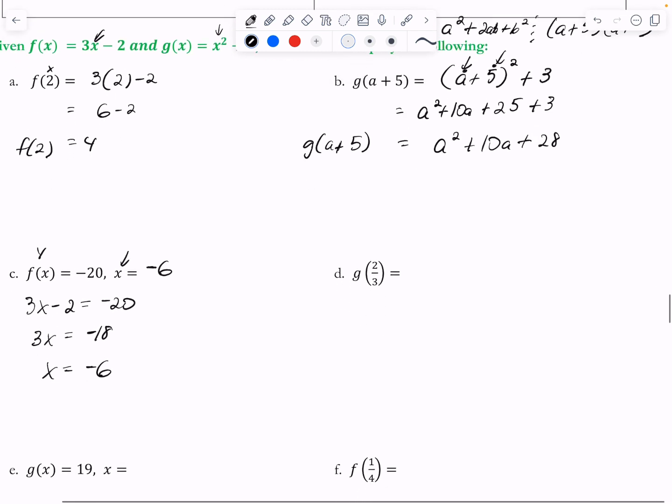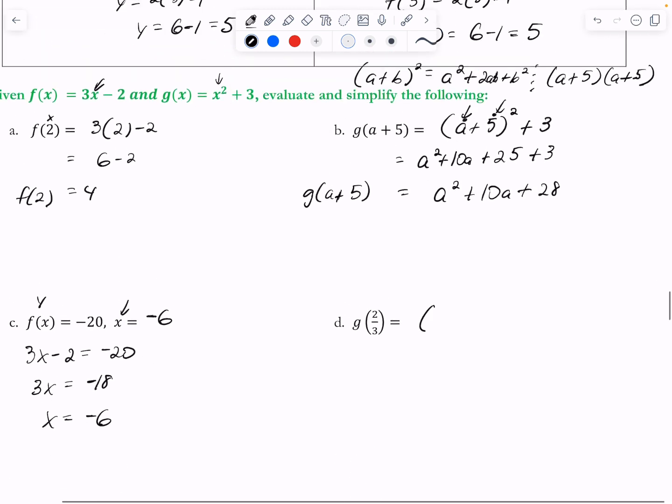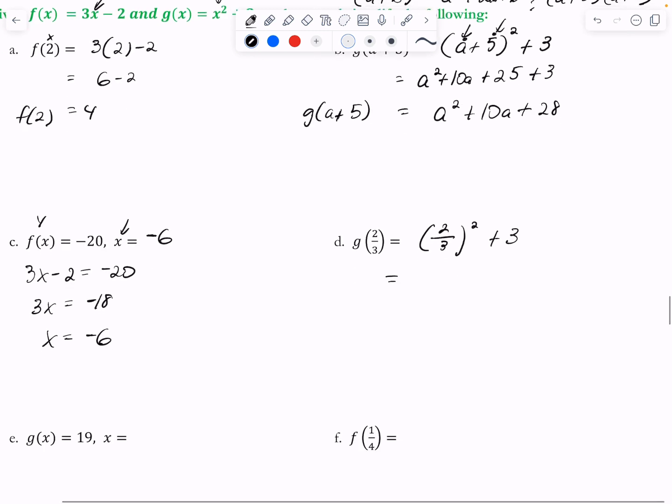Same thing with part D, plugging in 2/3 where it says x, I get 2/3 squared plus 3. Remember, squaring a fraction, just square both the top and the bottom. So the numerator squared is 4, denominator squared is 9. I'm going to get a common denominator for that 3. If this is over 1, a common denominator would be 9.